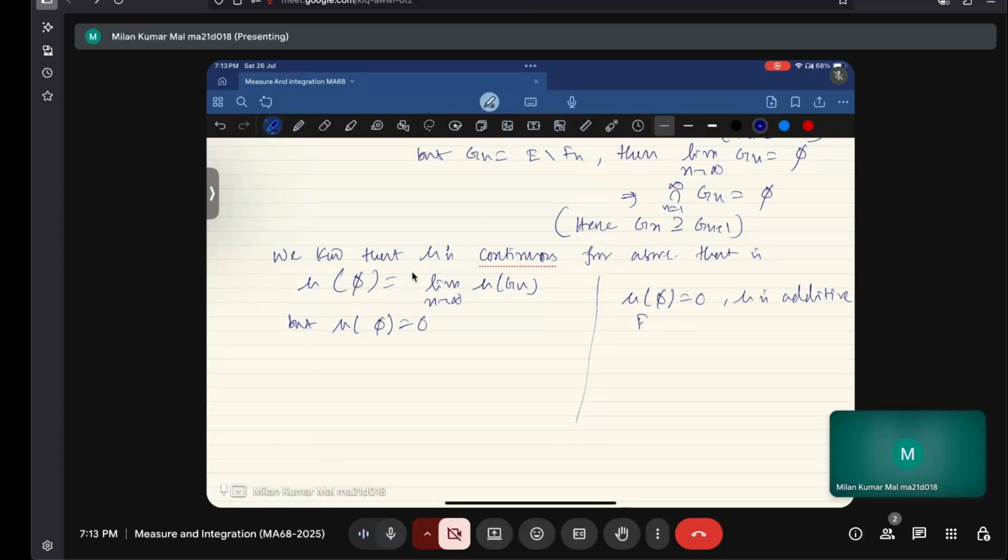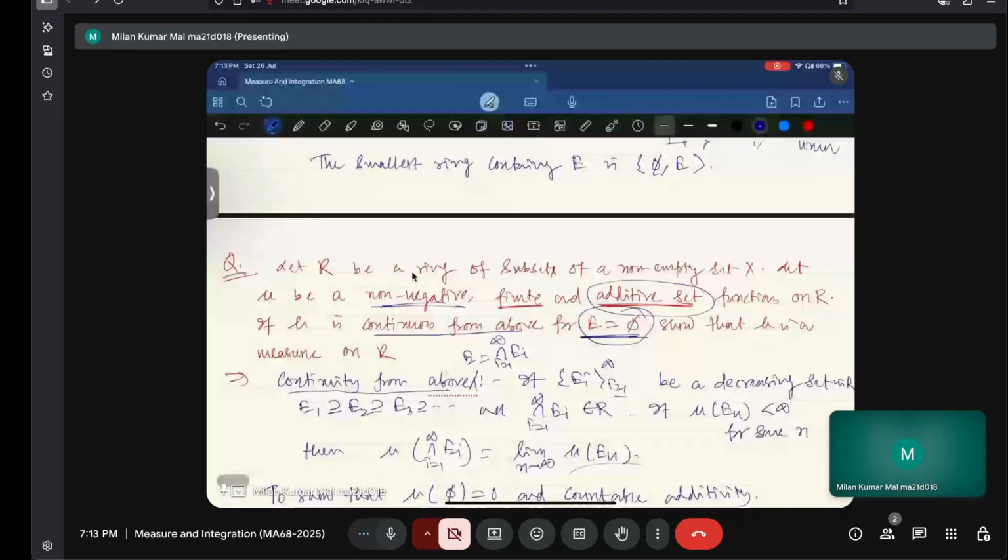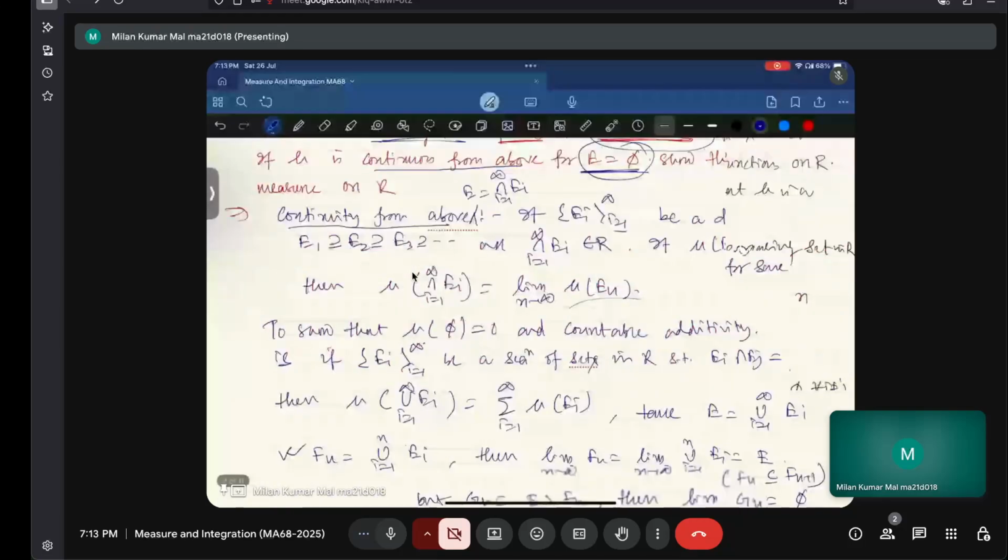Here the set is given as X, so let's take Y belonging to R. Then Y minus Y, that is the empty set, belongs to R. Now the measure of this set should be 0.